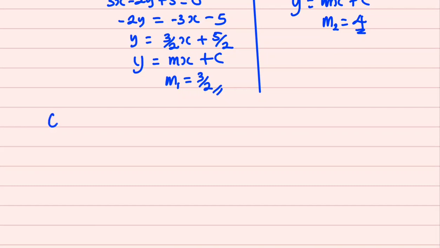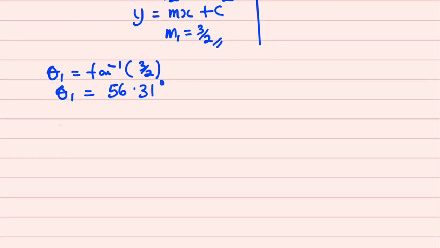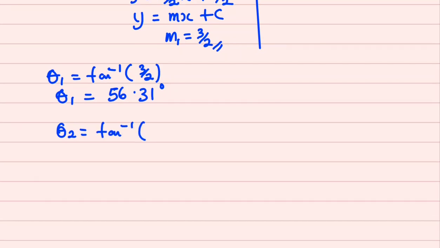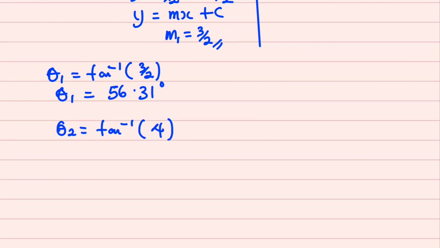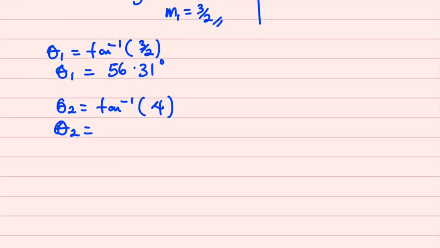Therefore, theta 1 is going to be tan inverse of 3 over 2, which is 1.5, so theta 1 will be equal to 56.31 degrees. Then theta 2 is going to be tan inverse of 4, so theta 2 will be equal to 75.96 degrees. We are okay with that.